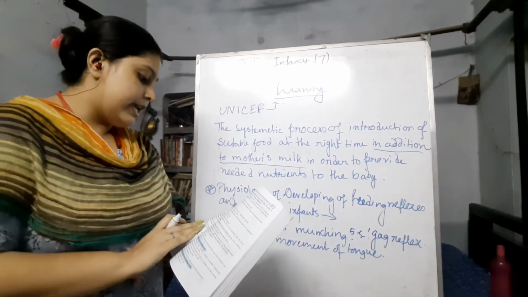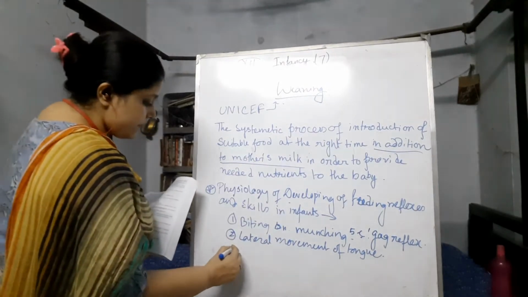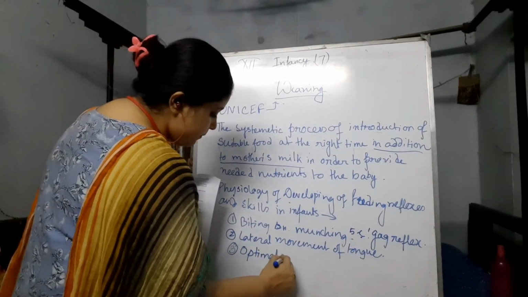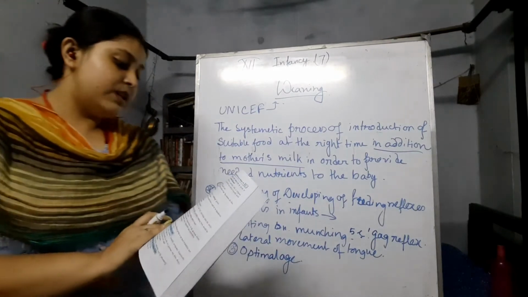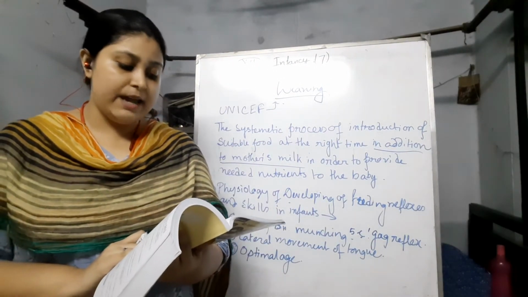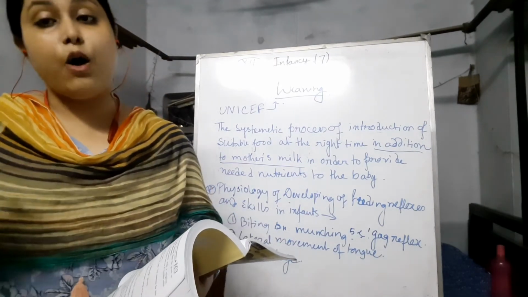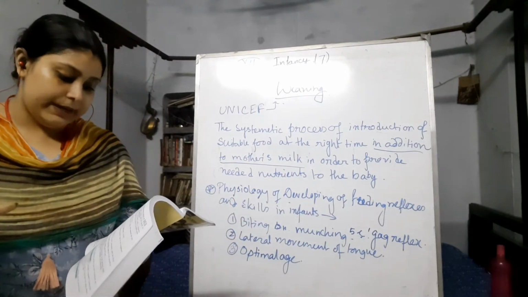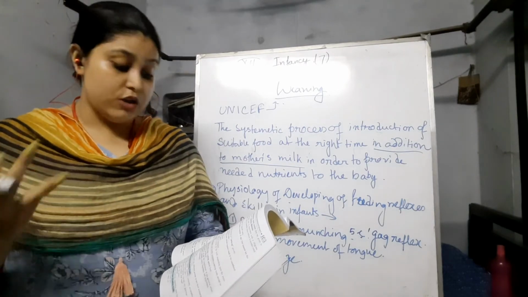The next is the energy gap and the optimal age. The optimal age for introducing complementary foods is the time when breast milk alone fails to meet all the nutrient components needed for the child. They are growing up, and their nutrient need has increased.